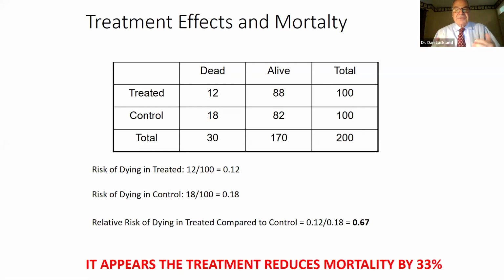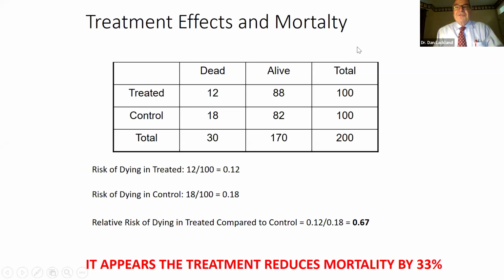It's one of our indicators of dying in the treatment group compared to the control. We come up with a relative risk of 0.67, suggesting that there is a little over a 30% reduction in mortality, making us think that the treatment really does make a big difference. So we think that we have something here really good.